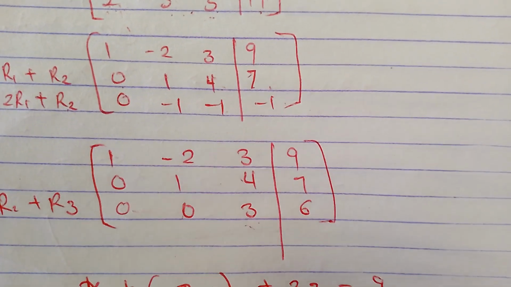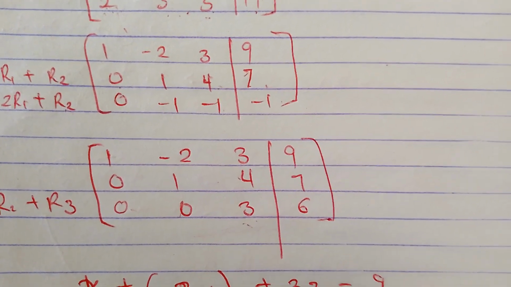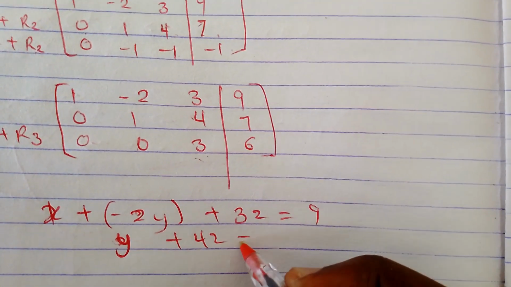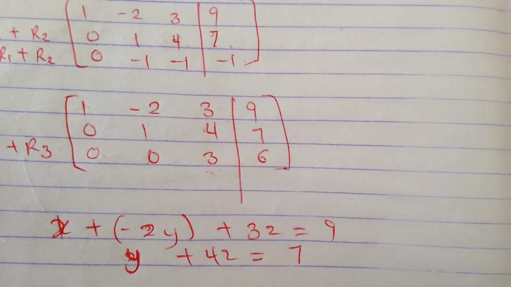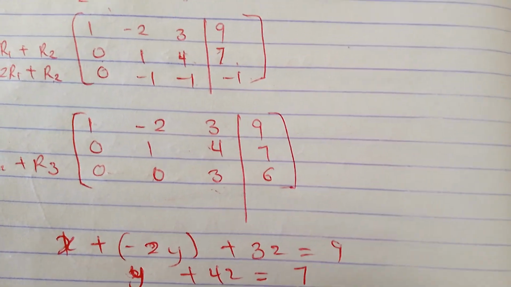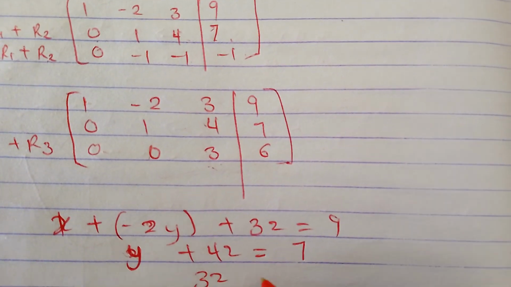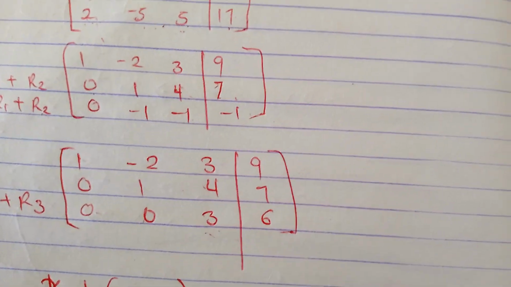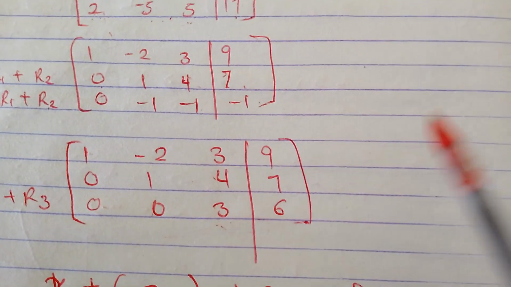Then we have 0 times x, that gives us 0. So we say y plus 4z equals 7. And then we have 3z equals 6. The best way to solve this is to start from the bottom. So we start here.